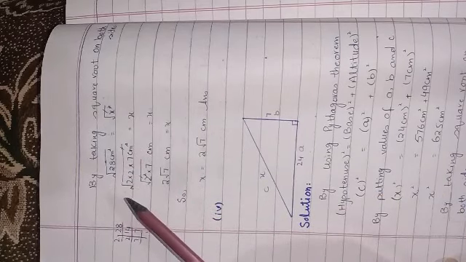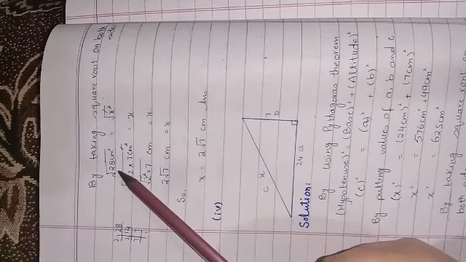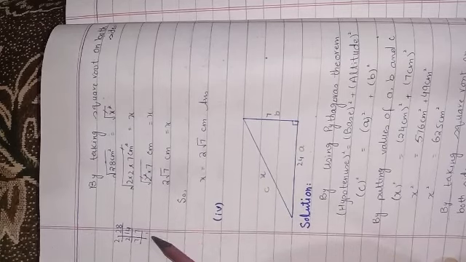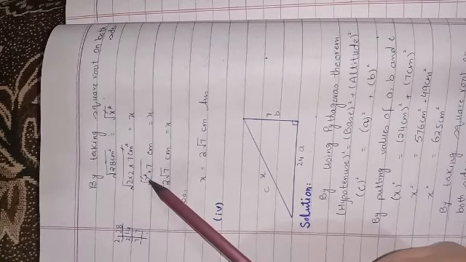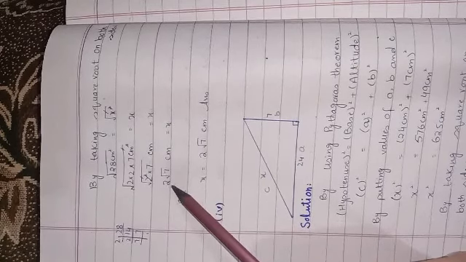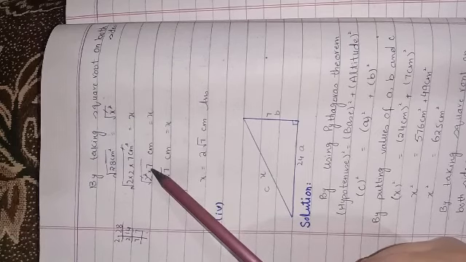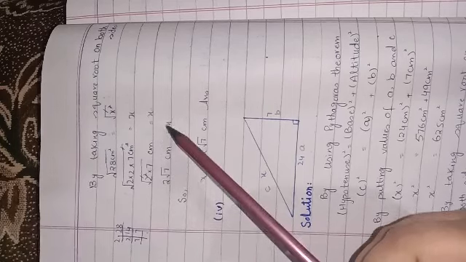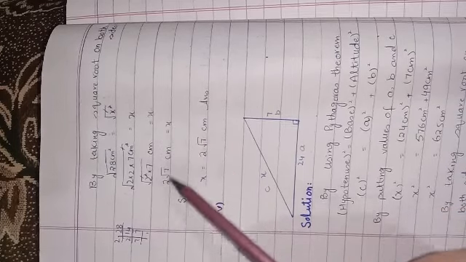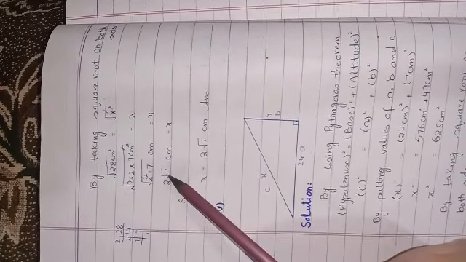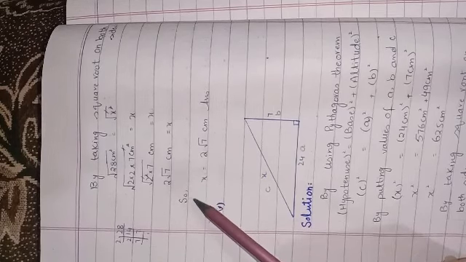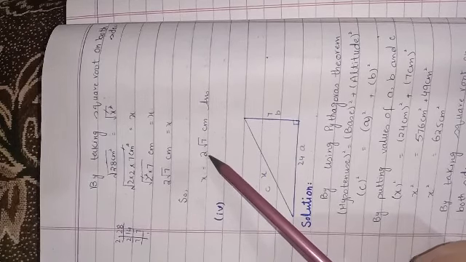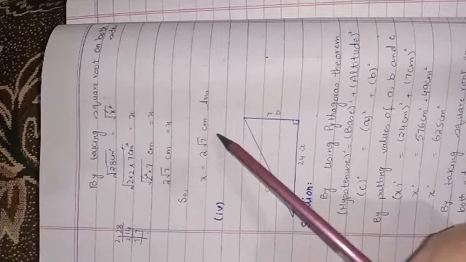Students, as you know, we cannot get the perfect square of 28, so we will factorize it. The numbers which make a square will be written outside the square root, and the numbers which are not in square form will be written inside the square root. So the value of x here is equal to 2 square root 7 centimeter. So the answer is x is equal to 2 square root 7 centimeter.